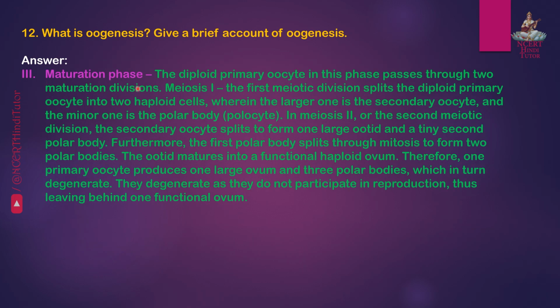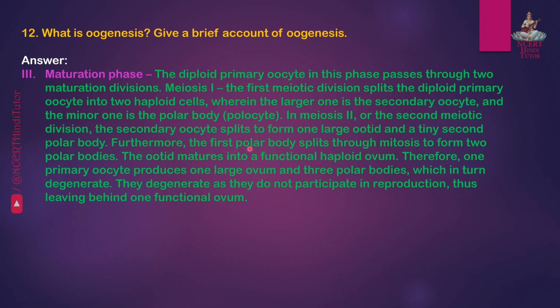Third, maturation phase. The diploid primary oocyte in this phase passes through two maturation divisions. Meiosis 1. The first meiotic division splits the diploid primary oocyte into two haploid cells, wherein the larger one is the secondary oocyte and the minor one is the polar body, polocyte. In meiosis 2, or the second meiotic division, the secondary oocyte splits to form one large ootid and a tiny second polar body.